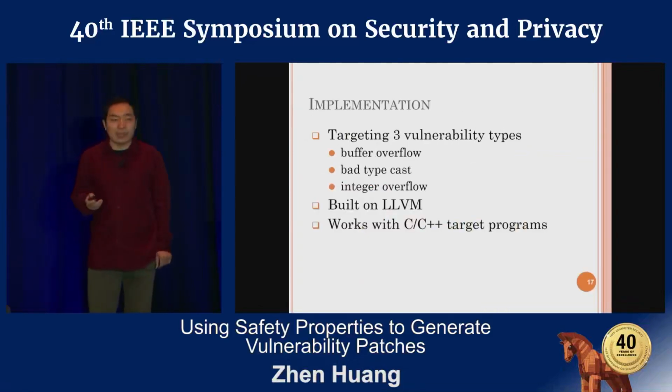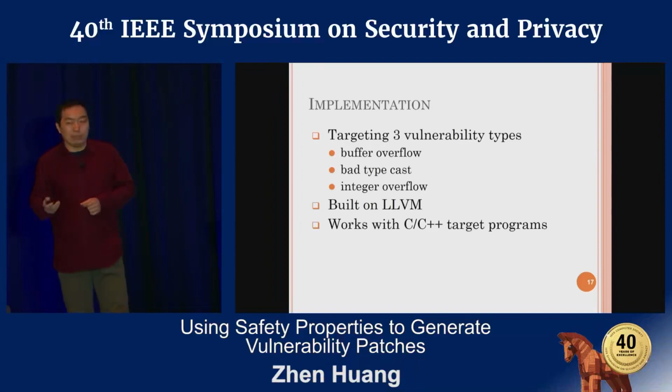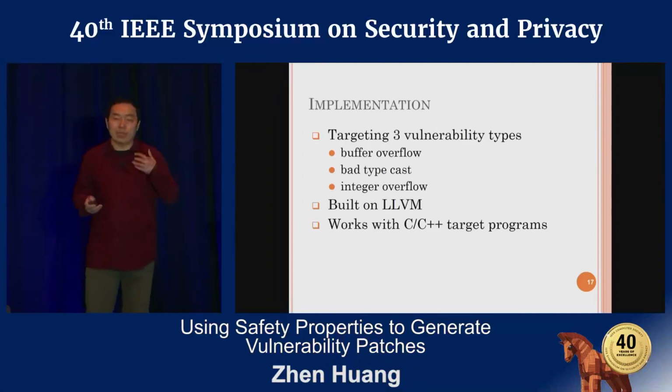We built a prototype of Sinks that targets 3 common types of vulnerabilities. Our prototype is built on top of LLVM and works with target programs written in C and C++.